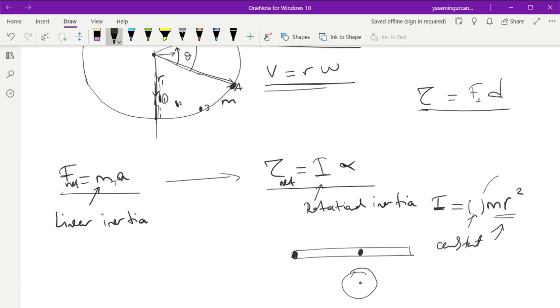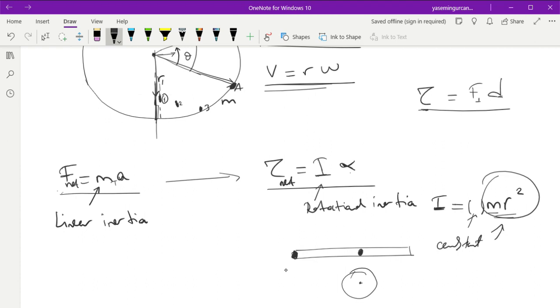So the important part is that mass is a resisting quantity when you try to rotate the object, and also at what radius you are trying to rotate that object is important. It comes as r square. So in mr square, the constant is 1 for a point particle. For all other 2D or 3D objects, there is going to be a constant here.